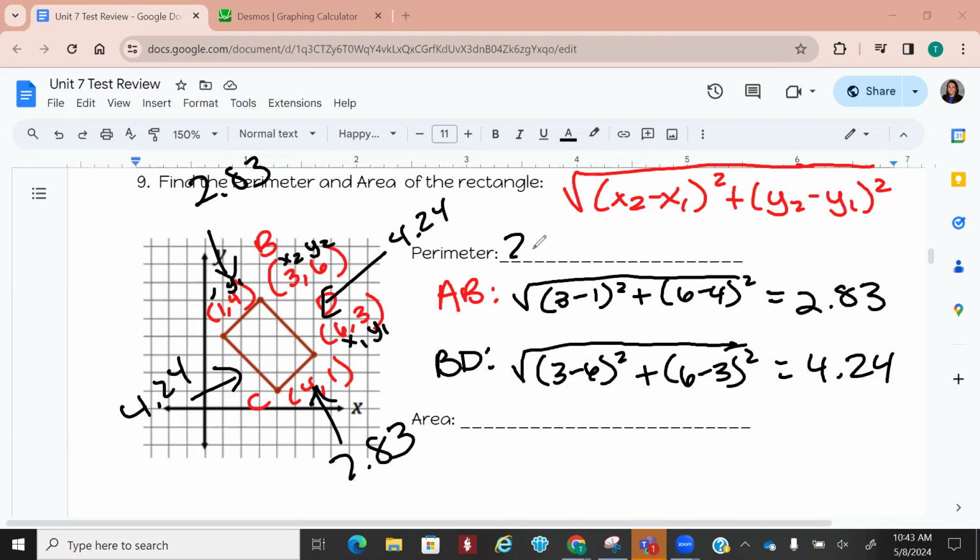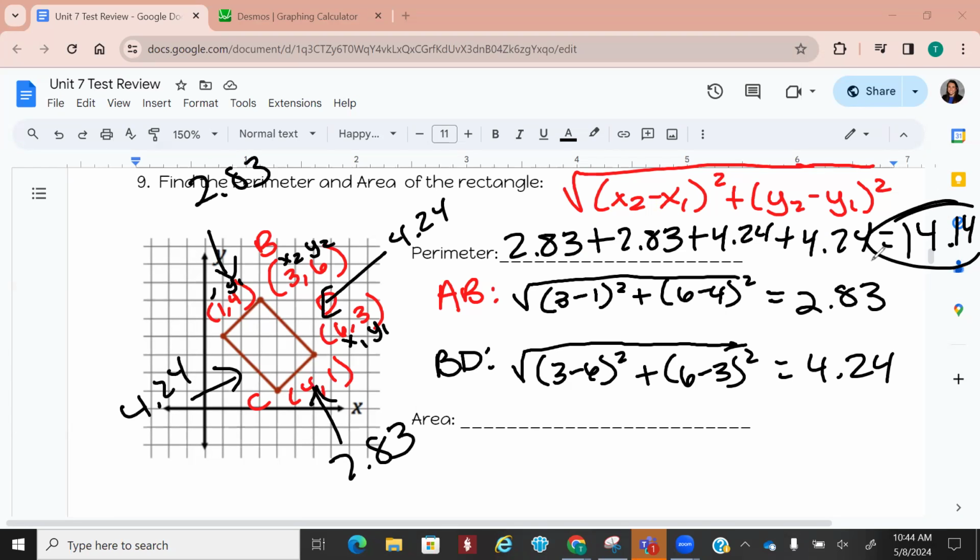So I'm going to add 2.83 plus 2.83 plus 4.24 plus 4.24. And when I type that into my calculator, I get 14.14.